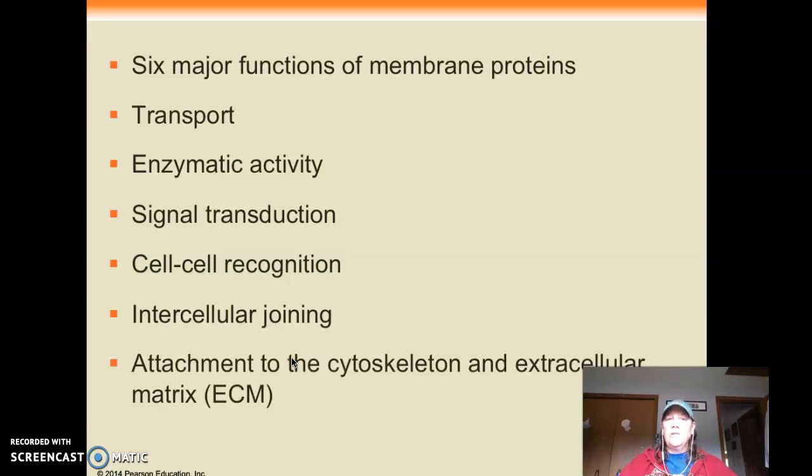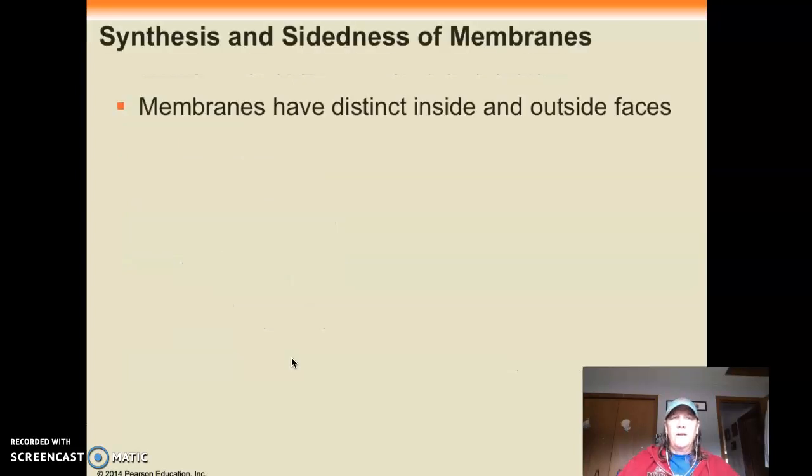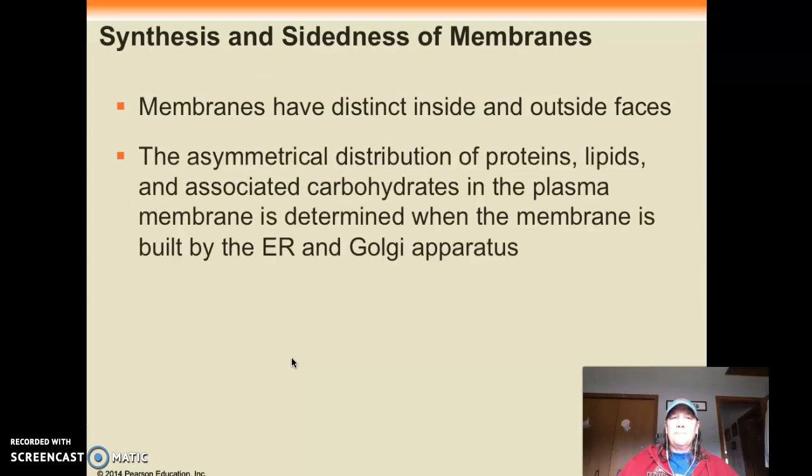And then they may need to attach to the cytoskeleton, the cell skeleton, and the extracellular matrix, kind of the next step after they join. Are they there to help out? Are they going to provide structure, that kind of stuff? So proteins have a lot of function in the membranes. The membranes, again, have distinct inside and outside faces.